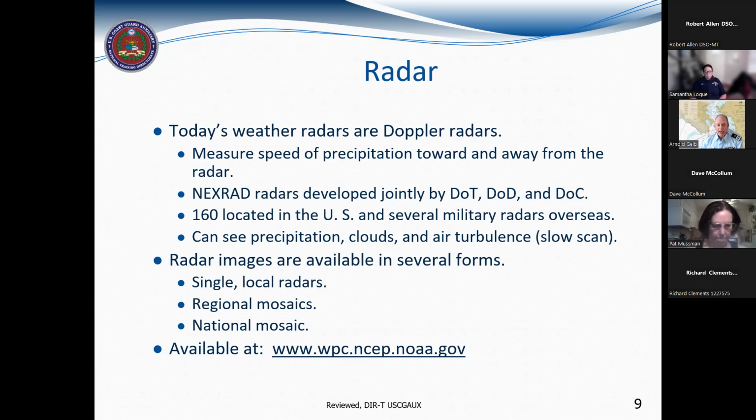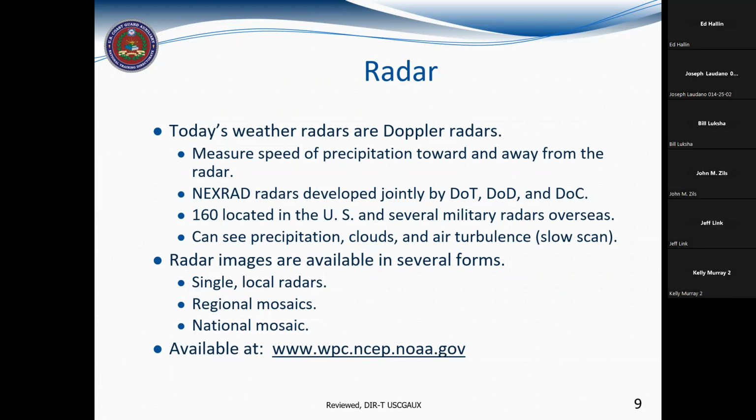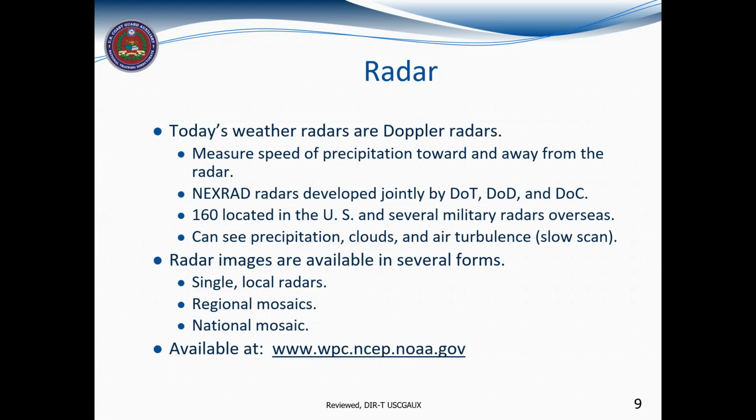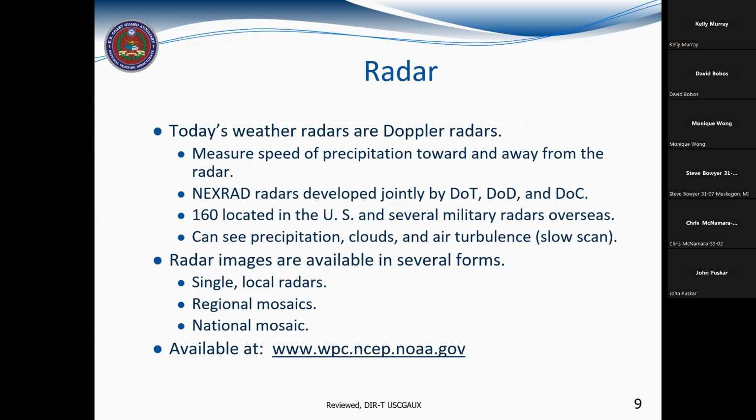And these can see precipitation, clouds, and air turbulence. These radar images are available in several different forms. That can be single local radars, regional mosaics, or national mosaics, which are essentially stitching together the information from multiple sources. And these are available at the link shown here.